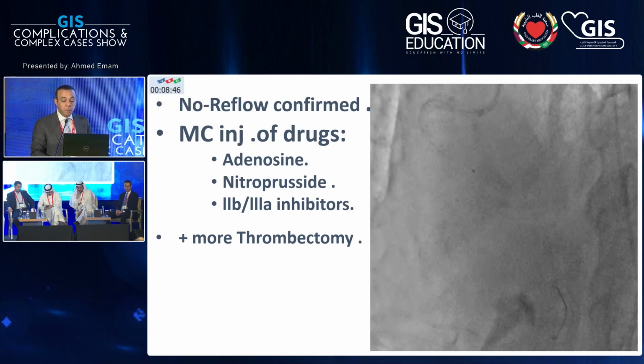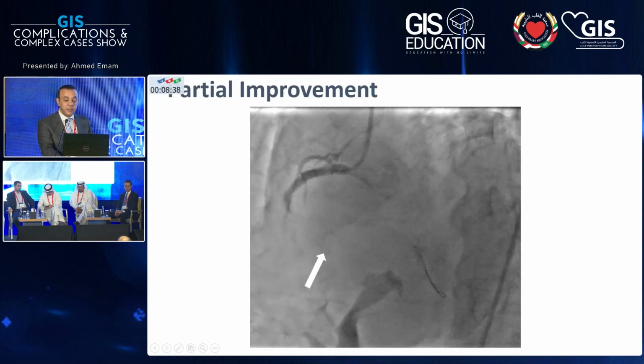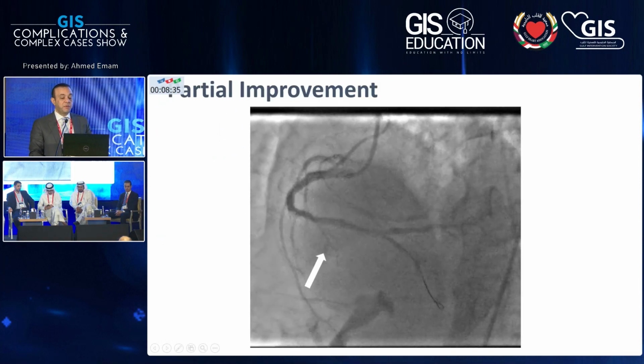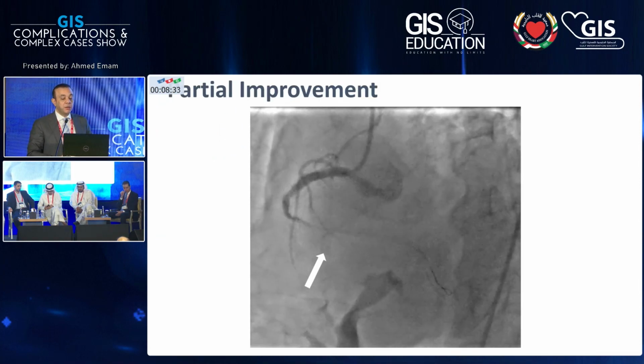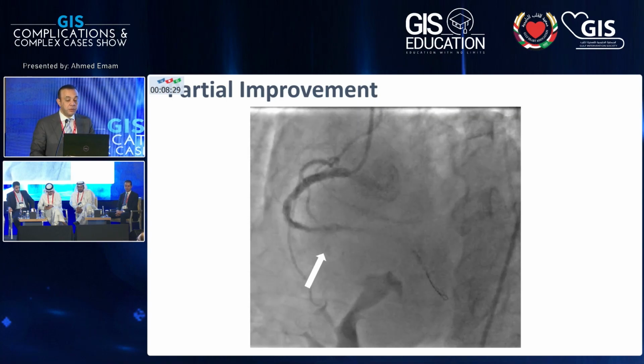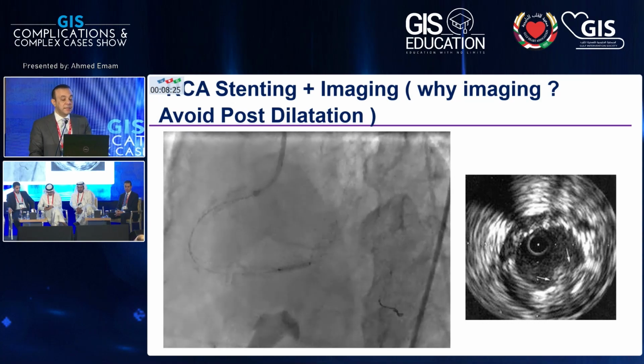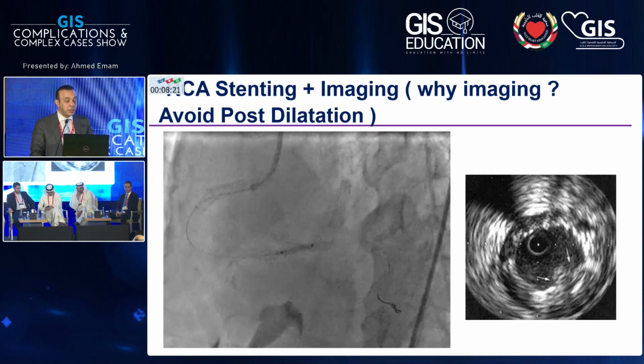That was followed by more thrombectomy of the clot inside the distal part of the vessel. Then this is what I had after injecting a vasodilator inside the microcirculation and more thrombectomy. That was followed by stenting at the site of the occlusion, and I did imaging.